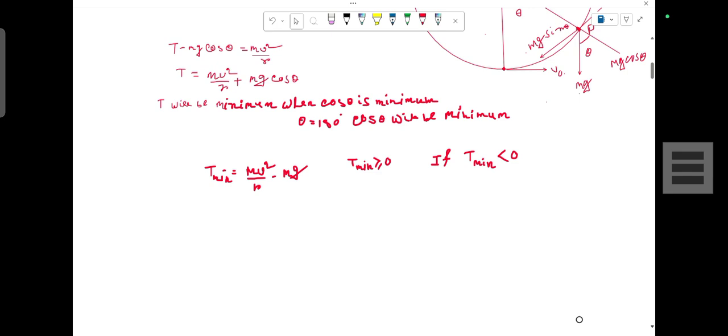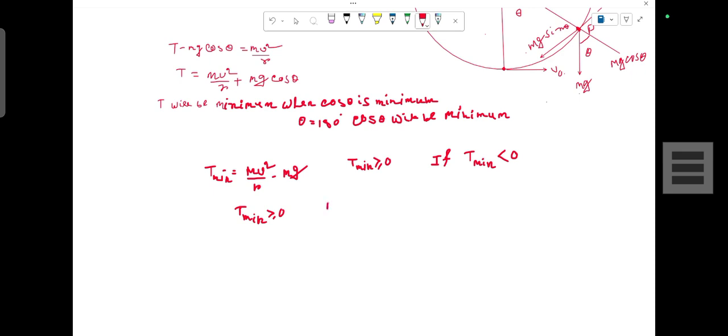Now for completing the vertical circle, that means for looping the loop, T min should be greater than or equal to 0. That is already told, I already told you about it.